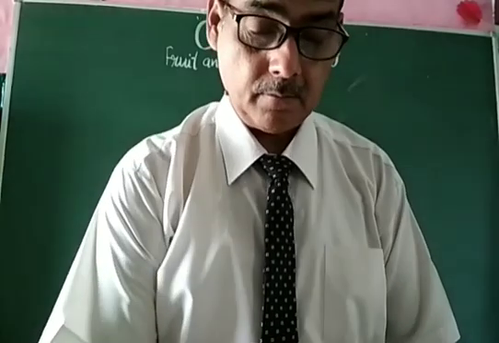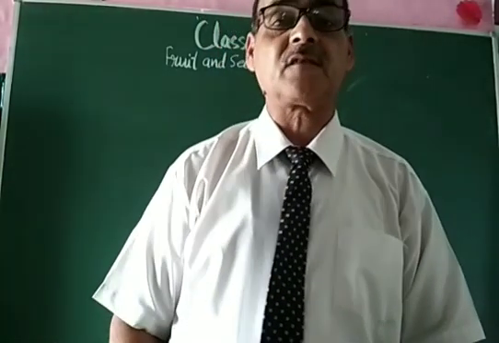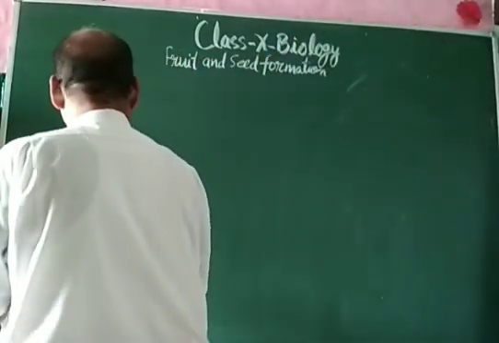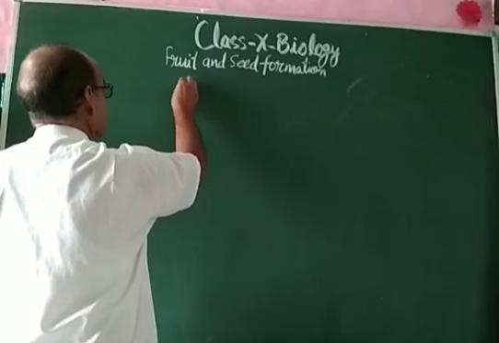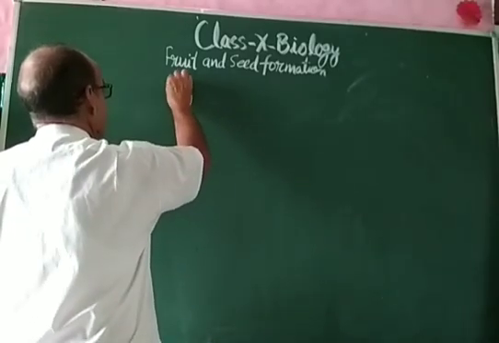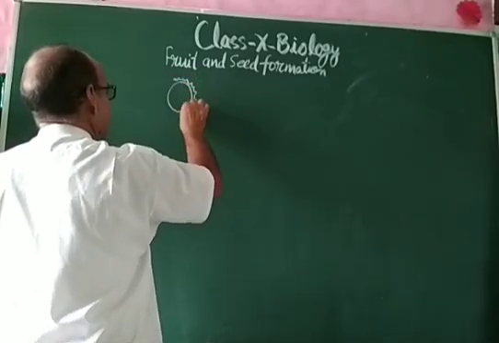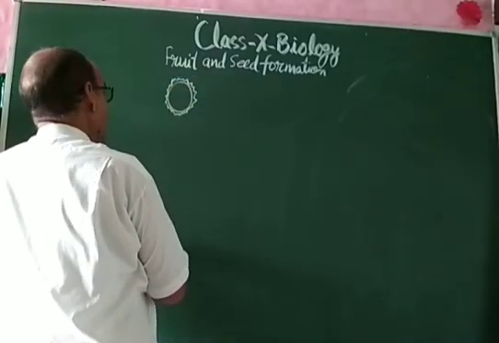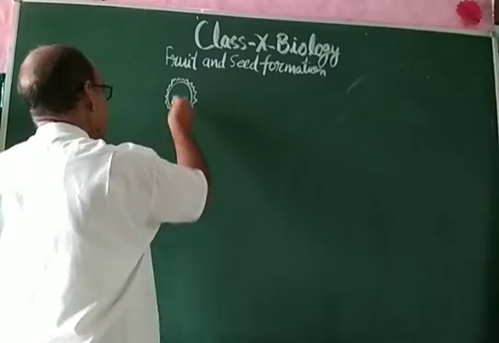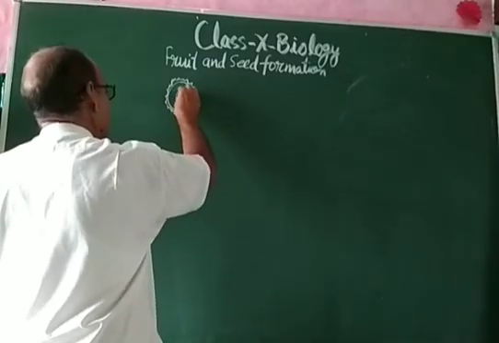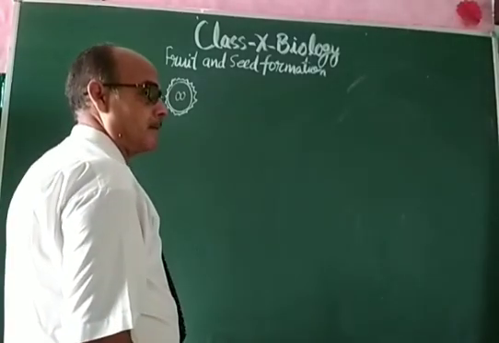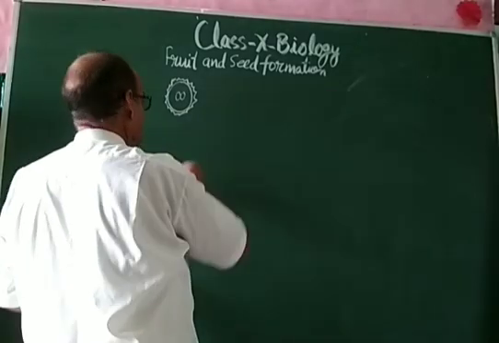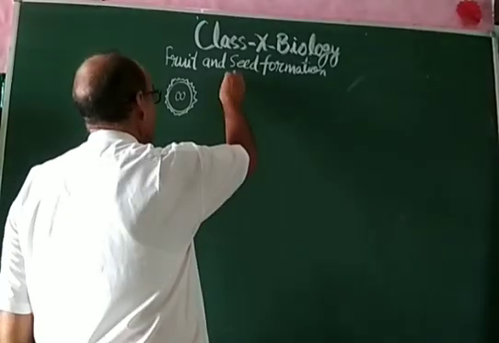Yesterday I told you about the process of fertilization and the process of double fertilization. So have a look at the structure. Suppose this is a pollen grain that has the intine and exine, and two nuclei are there.